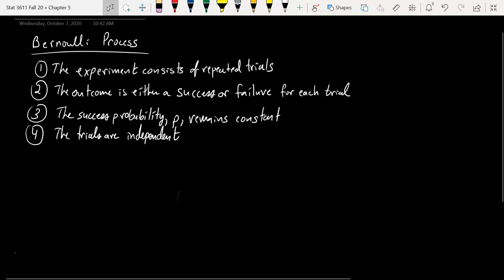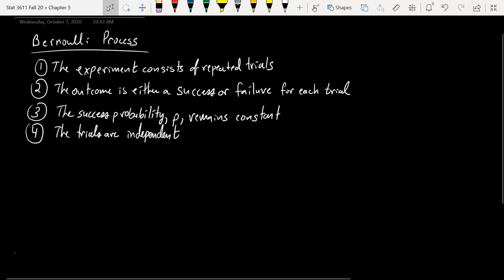So oftentimes what we'll do then is count the total number of successes in a Bernoulli process, right? Say you're going to roll the die 9 times. How many 6s do we get? When you count the total number of successes, we get a specific type of random variable.